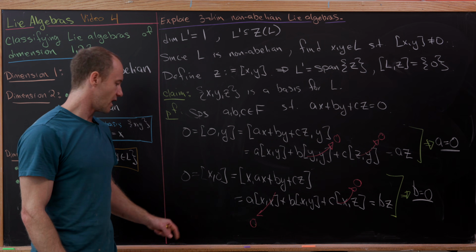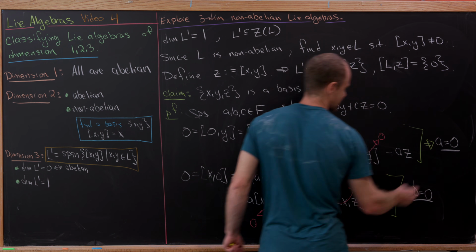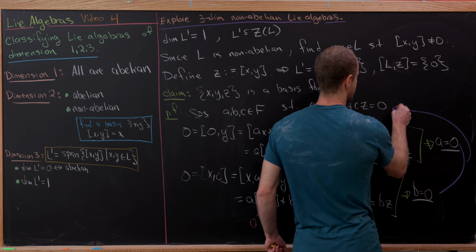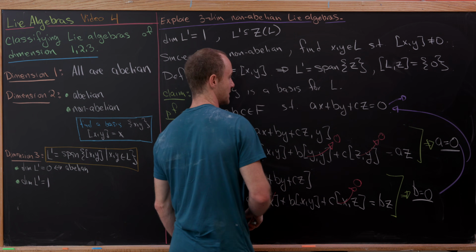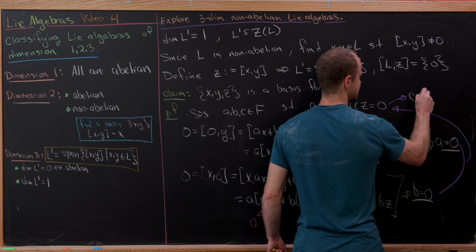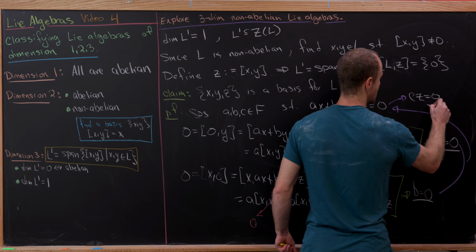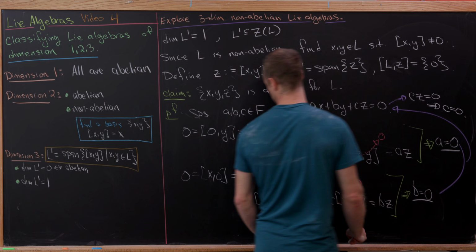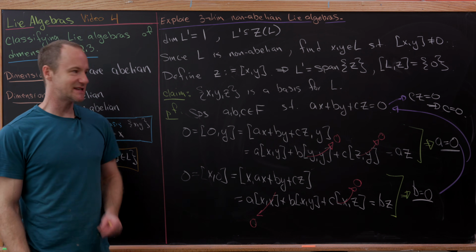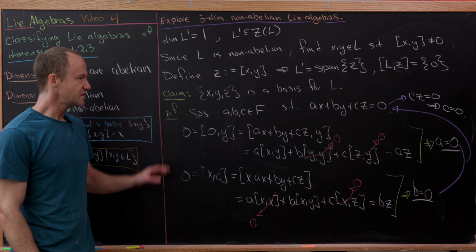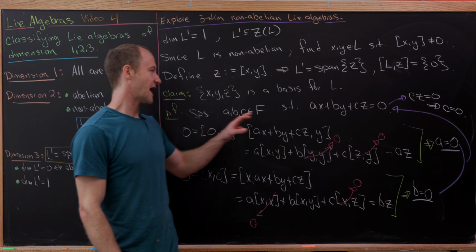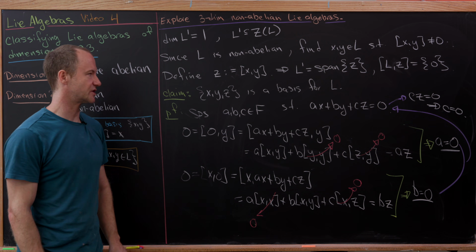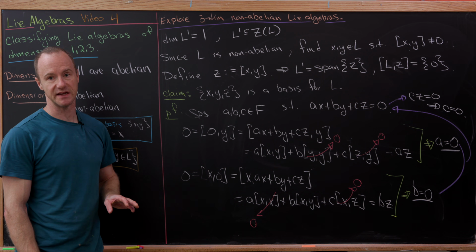Now let's plug those two facts up here. Plugging those two facts up here, we'll see that c times z is equal to 0, which means that c is equal to 0. So let's step back and see what we've done. We supposed that we had a linear dependence relation for the vectors x, y, and z.